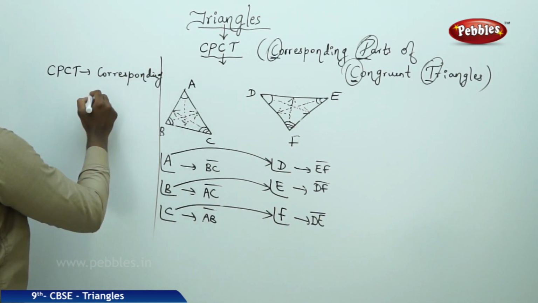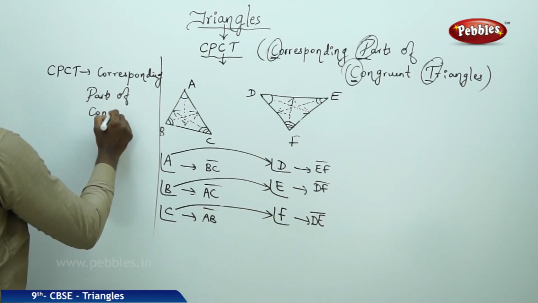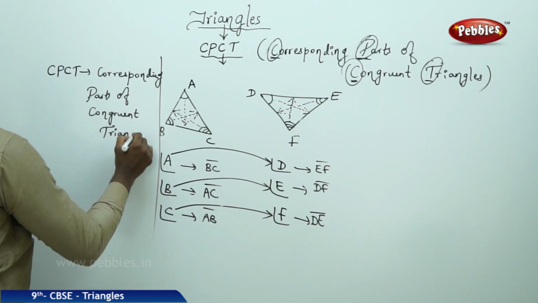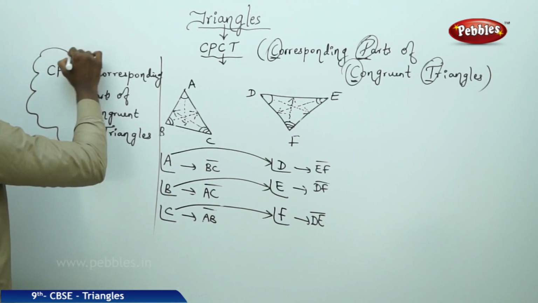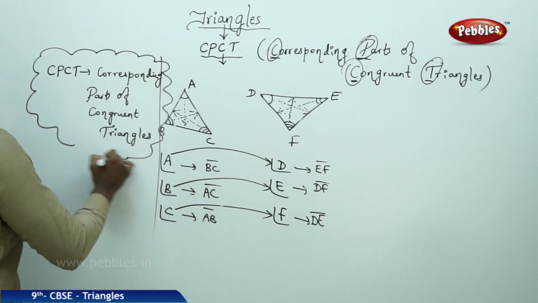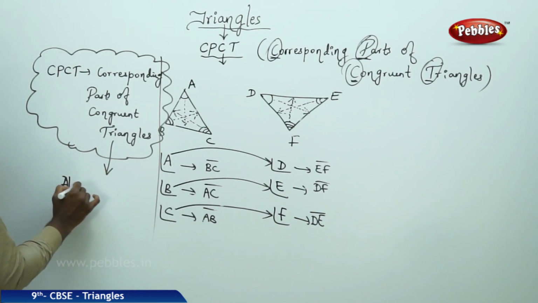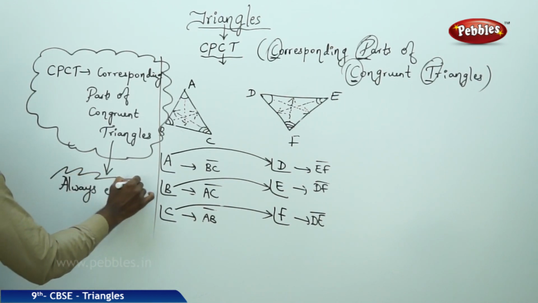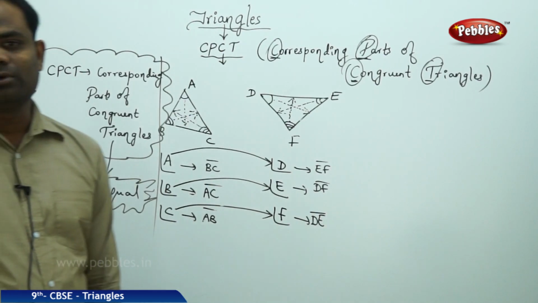Corresponding parts of congruent triangles: always equal. This is a very important property.